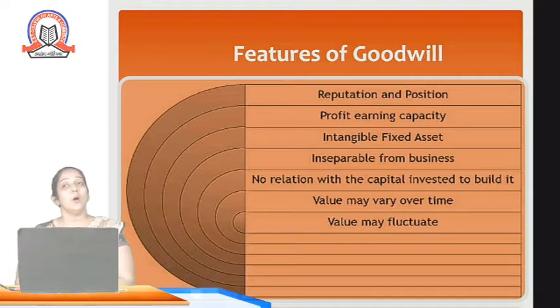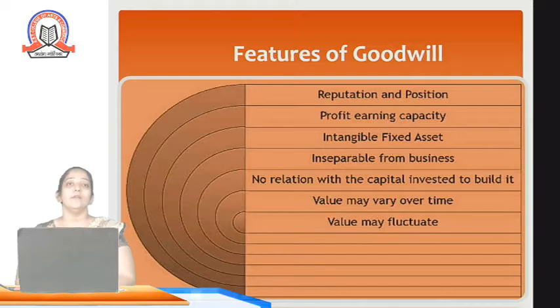Positive goodwill or negative goodwill may be there. That means a brand image, which a company creates with the help of its work and efforts over a period of time. If, for example, the company is not performing that well, the valuation of the goodwill, or the company's brand image, will surely come down.